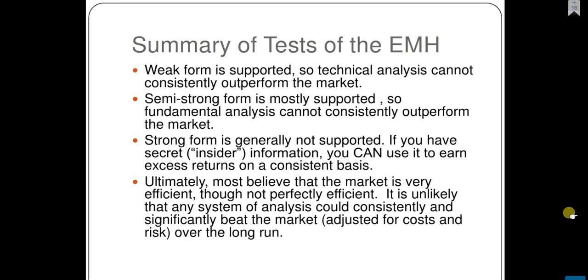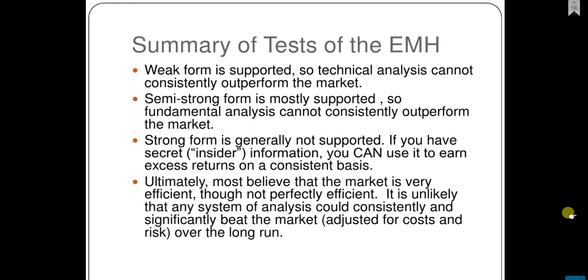The summary of tests of the EMH, efficient market hypothesis. Weak form is supported, so technical analysis cannot consistently outperform the market. Semi-strong form is mostly supported, so fundamental analysis cannot consistently outperform the market. Strong form is generally not supported.